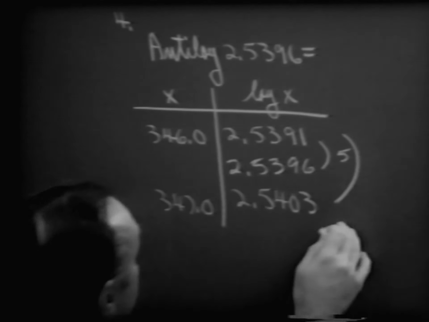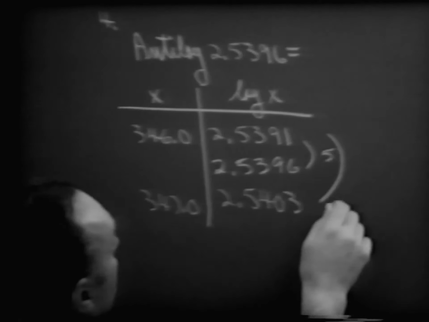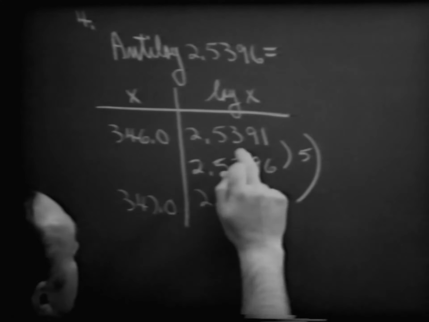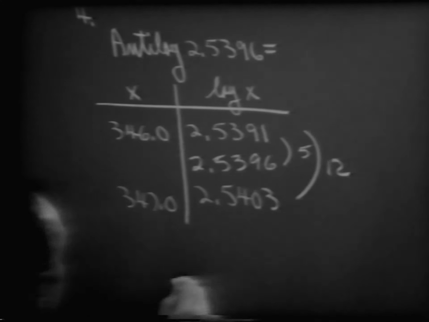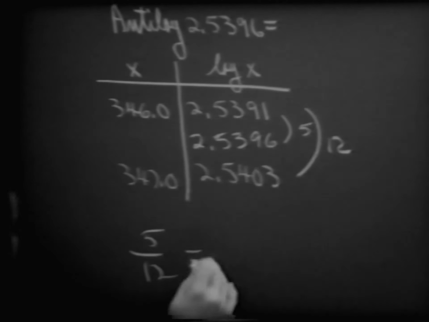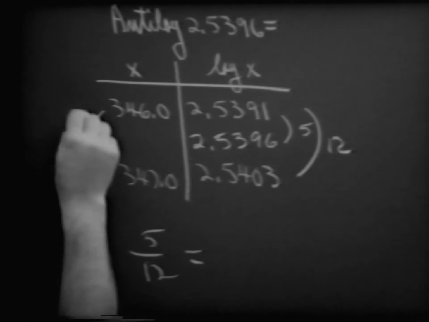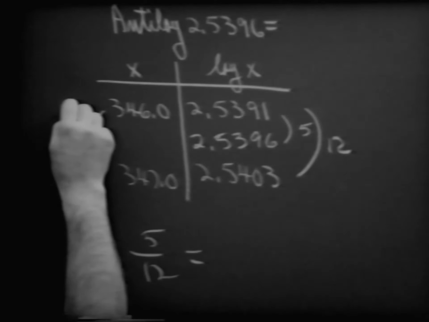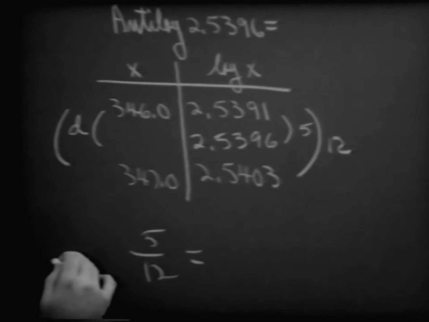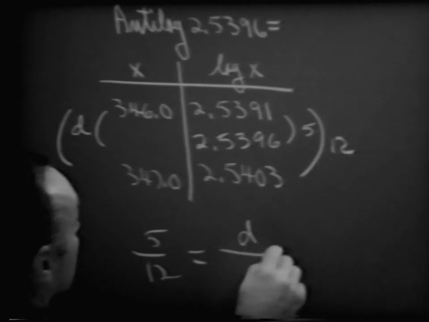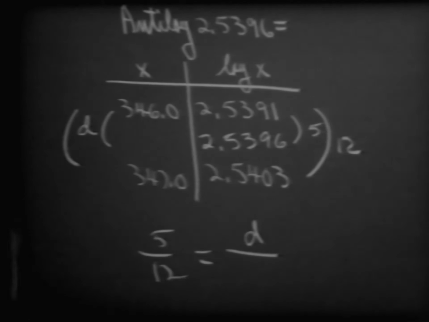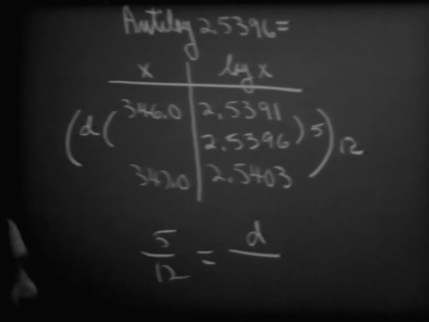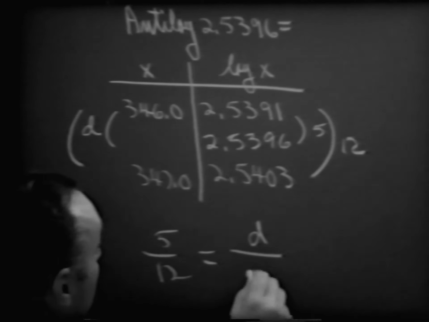Now let's do exactly the same process, in which the difference between these two numbers is 5, and this difference, which is between 391 and 403, is 12. 5 is to 12 as this difference, let's call it D, is to this difference. And since we are thinking of it in terms of 10 thousandths, let's call this D is to 10.